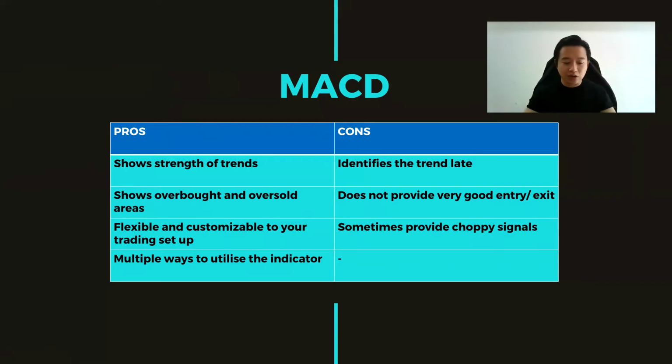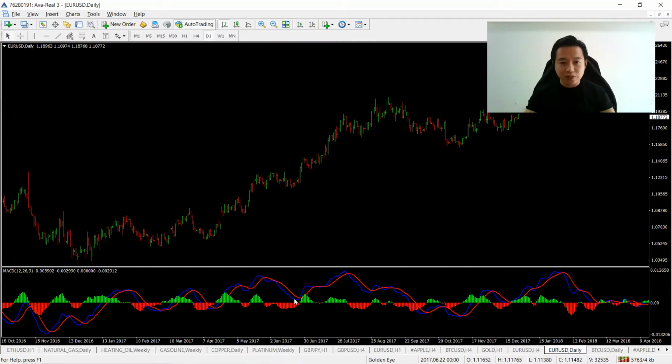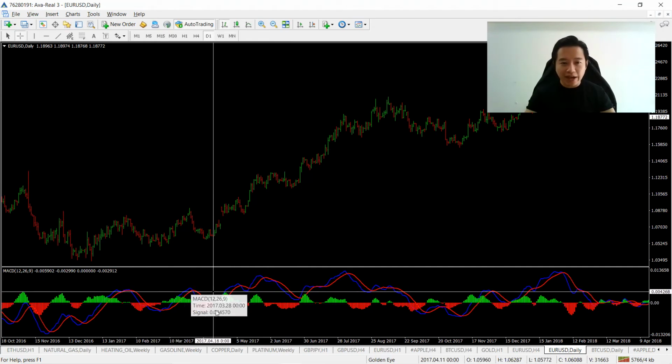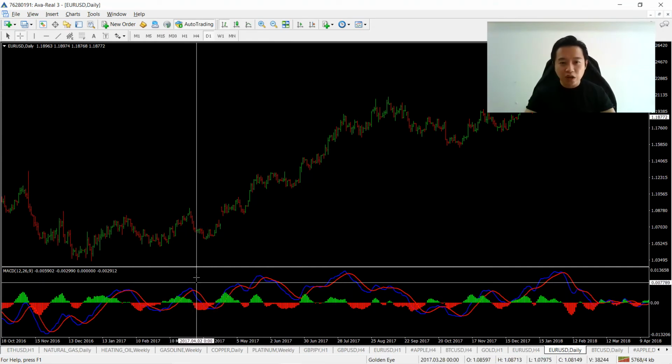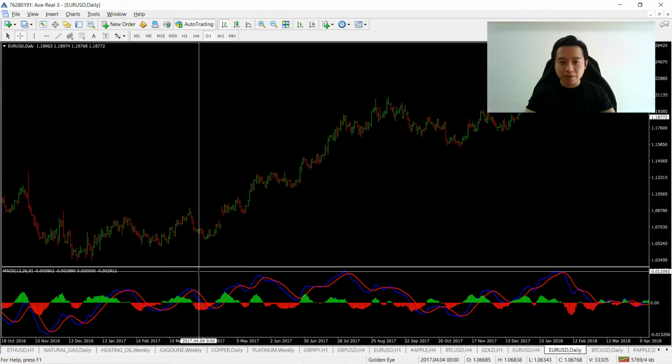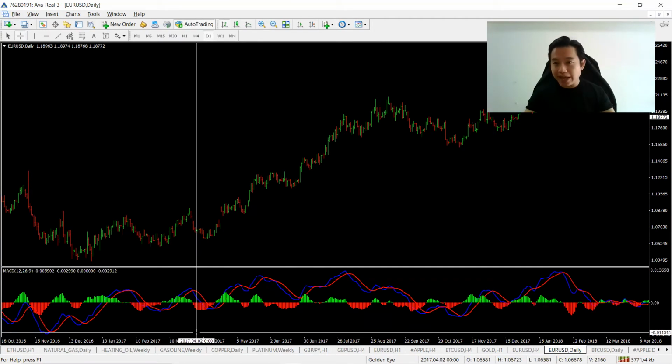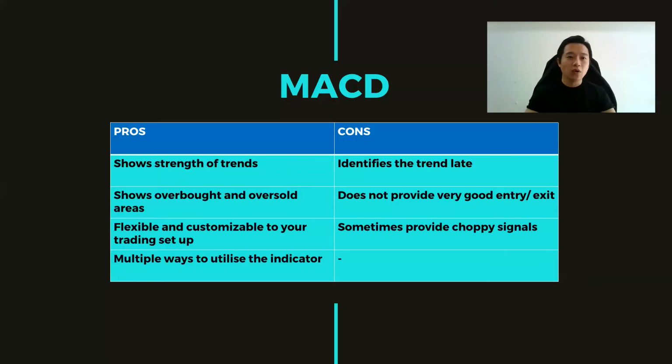That's where the crosses become better. You don't want to go in at a crossing somewhere in the middle zone. We want the upper zone and the lower zone. That's where the crossing will be better. So it shows the strength in the trend if done right.